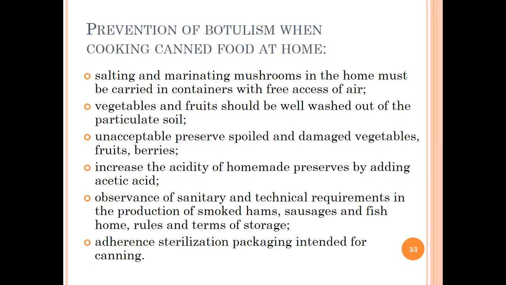And we mustn't use spoiled and damaged vegetables, fruits, and berries for making conserves. And maintain a high level of acidity when cooking homemade preserves, for example by adding acetic acid.